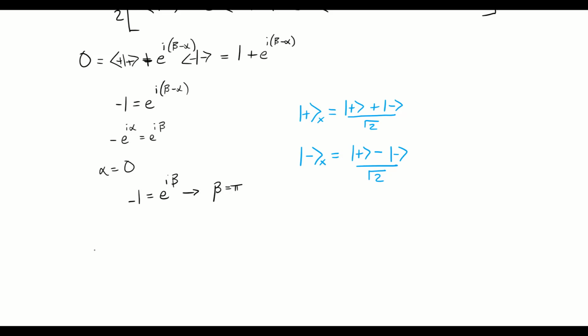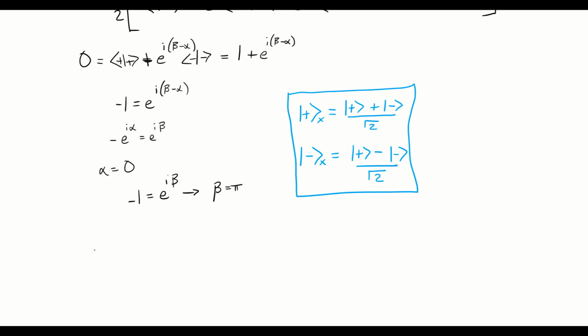This is all still relatively new for all of you, but these plus and minus, the spin up and spin down, are in the z direction, whereas this is the spin up in the x direction. We've figured out what our spin up and spin down states in the x direction are, written in terms of our spin up and spin down in the z direction, our basis states.